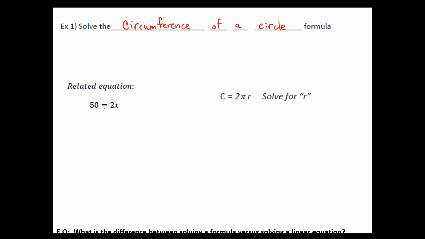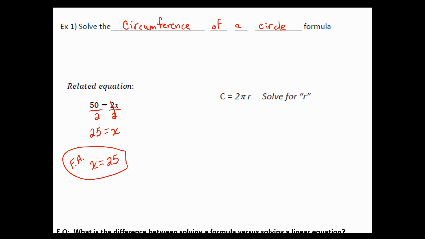Okay, so how would we solve this one? Wouldn't you divide by 2 on both sides? You always solve by whatever number is in front of the variable. So x would equal 25. And then, of course, that's written backwards. And so that's what I meant in the steps. Please go ahead and write it properly, which would be this way.